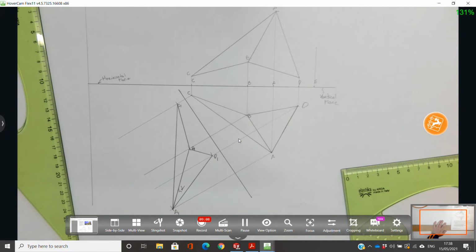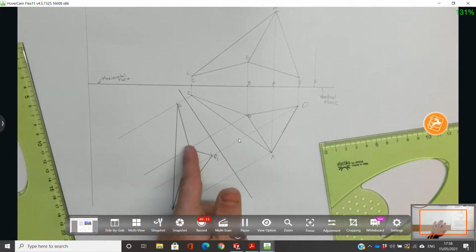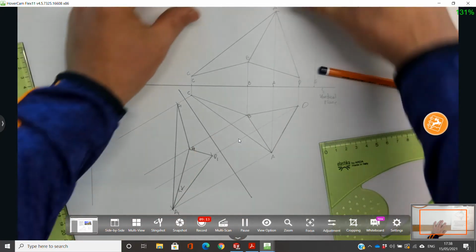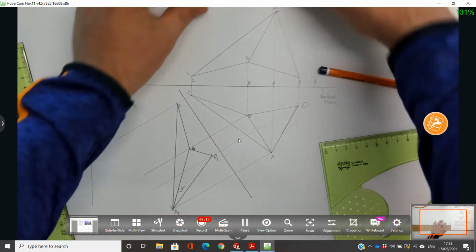Now I'm going to need to project, looking along the line of intersection to get it to project as a point.